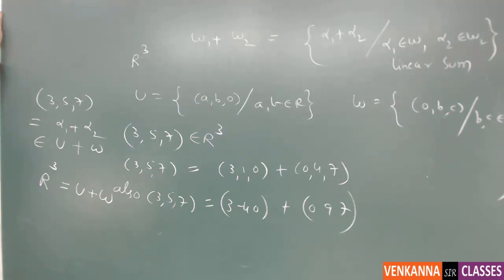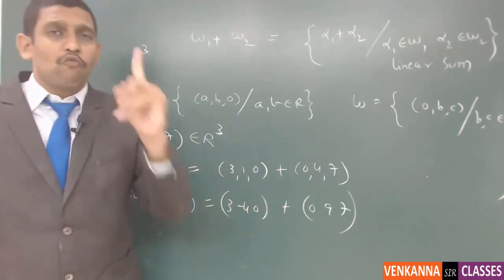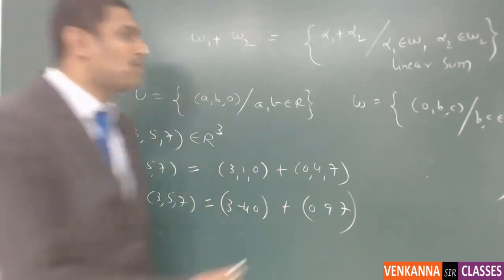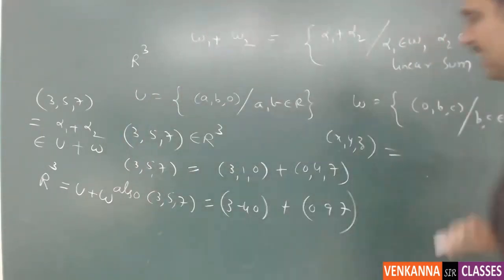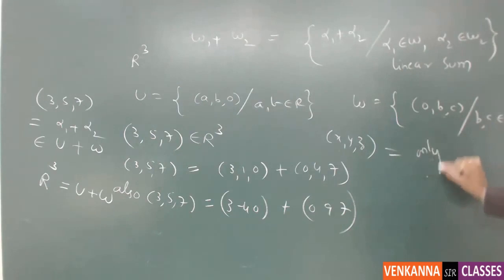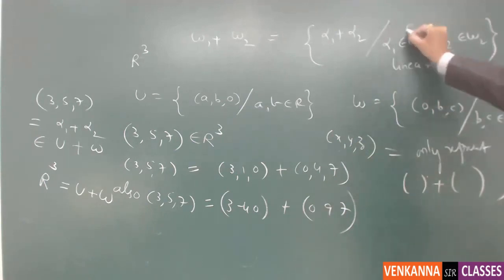So in such cases, this type of representation we call only a linear sum. However, if you have only one representation, whatever vector you take, x, y, z, if it has only one representation as sum of two values, in such cases we call it a direct sum.